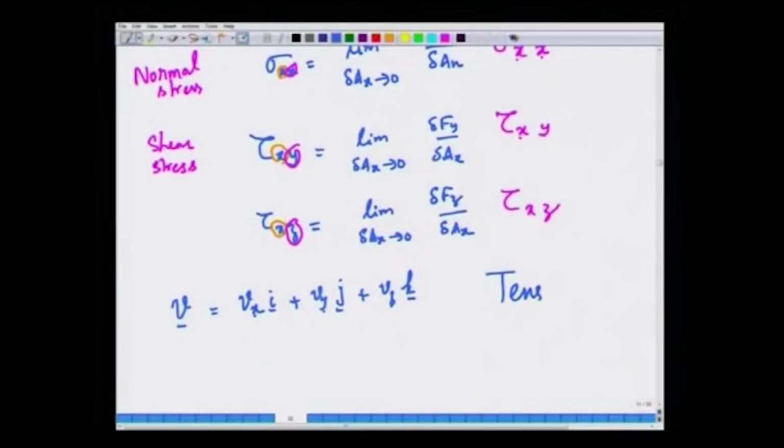So, these are called tensors. The stress in a fluid is a tensor because it has two directions associated with it. One is the direction of the force that is acting on a given surface, and the other is the direction of the unit outward normal to the surface.